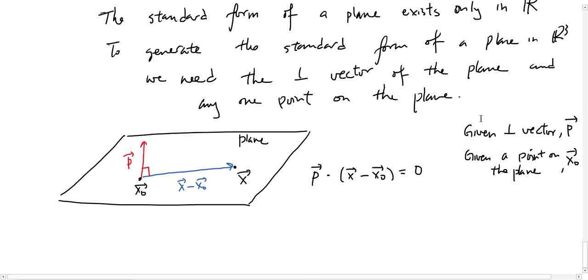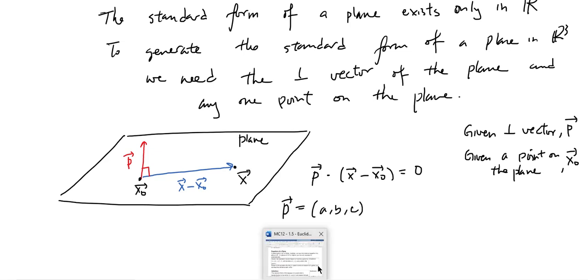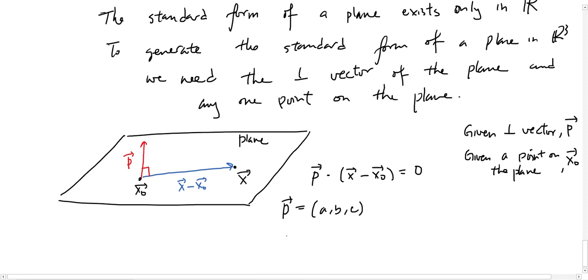Well, I'll show you. This is the last thing I want to show you because the video is already 33 minutes. Vector P, in this case, I'm going to call it ABC. Notice it's now in R3. Let's say vector x sub 0 is now x sub 0, y sub 0, z sub 0.